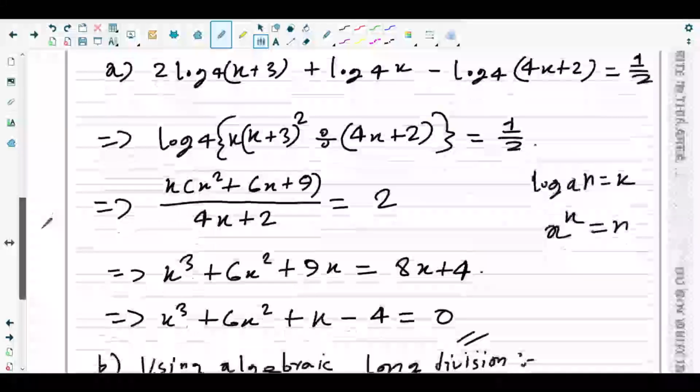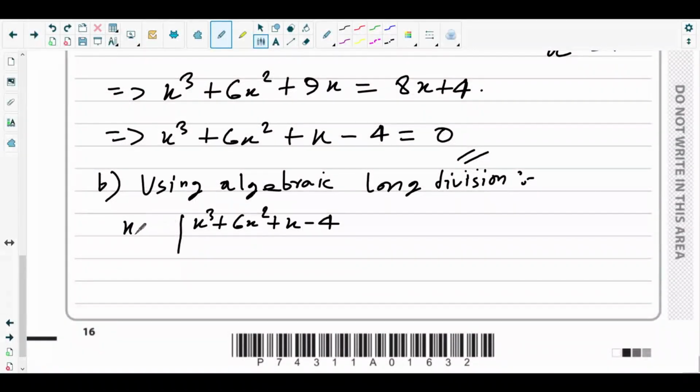Since negative 1 is a root, x plus 1 is a factor of this cubic equation. So what do we need to multiply here? x squared. So you will get x cubed plus x squared.